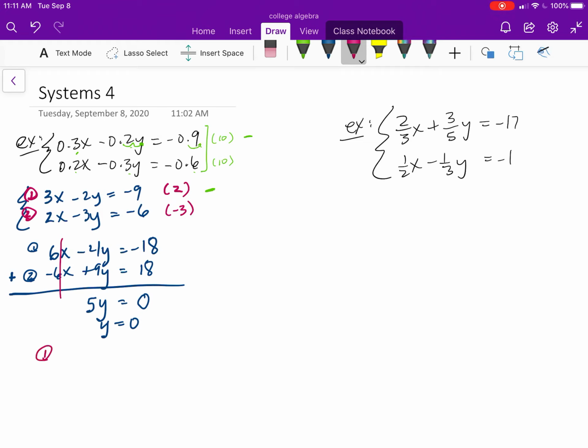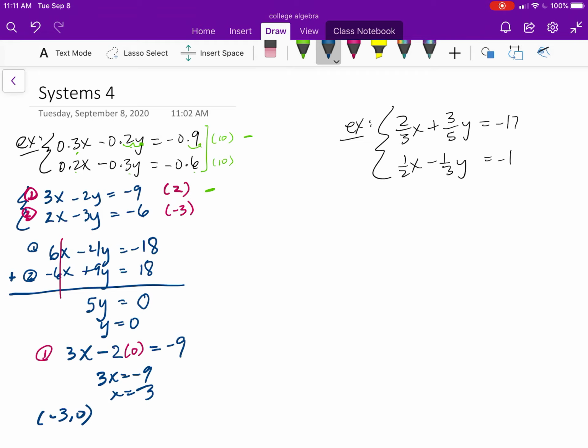So I would have 3x minus 2 times 0, I'm going to write it though, I think we know 2 times 0 is 0, equals negative 9. So that's 0, so 3x equals negative 9, and x is negative 3. So therefore our solution is negative 3, 0.